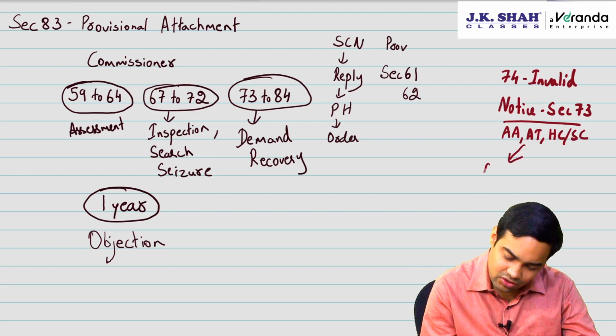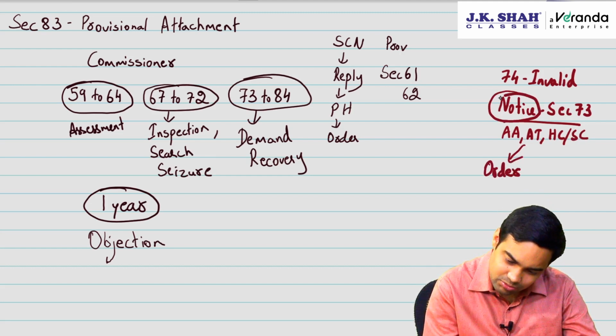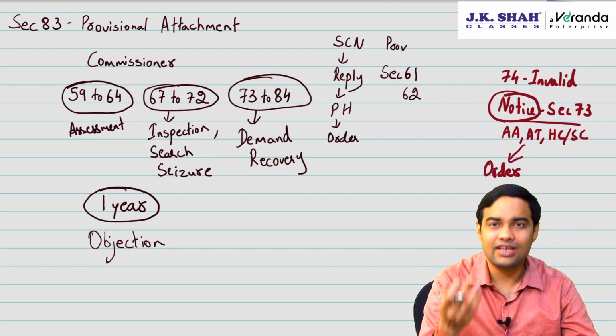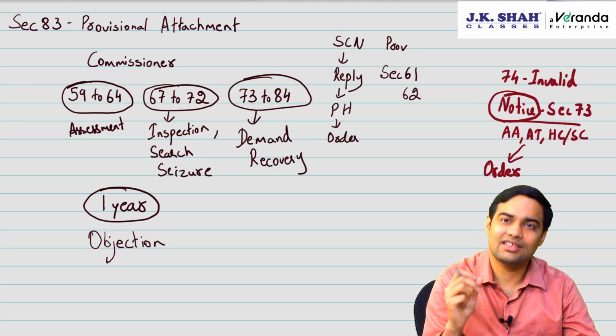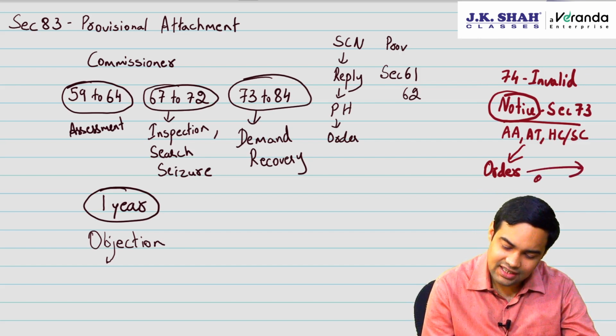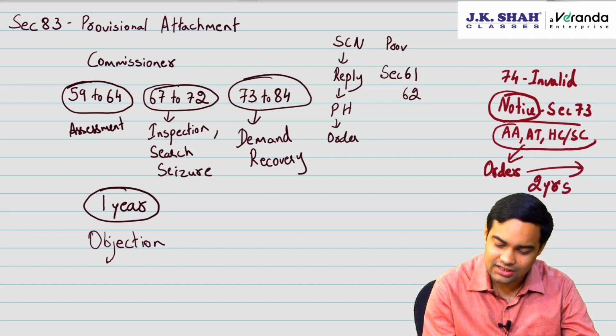Now once that order is communicated to the officer, the notice is deemed to be issued under 73, but one order has to be passed under 73. What is the time limit to pass that order under 73? The law has said the time limit will be 2 years from the date when such communication is received.